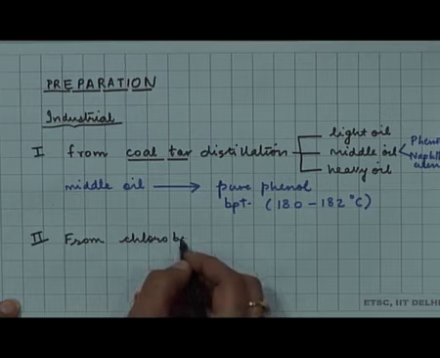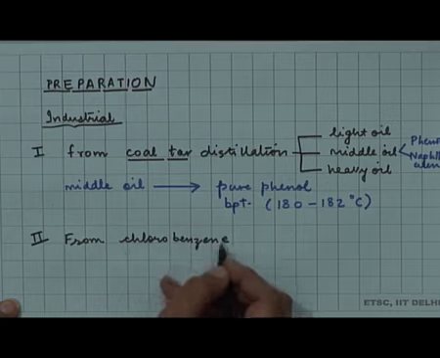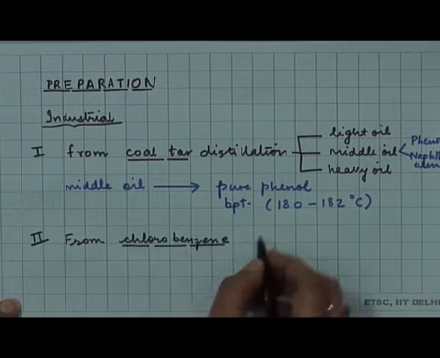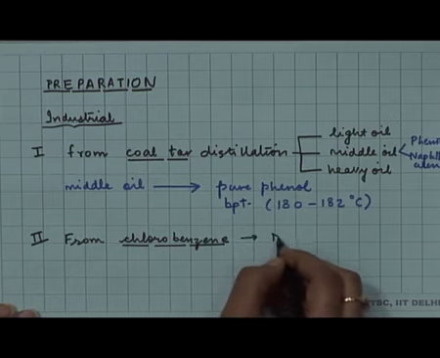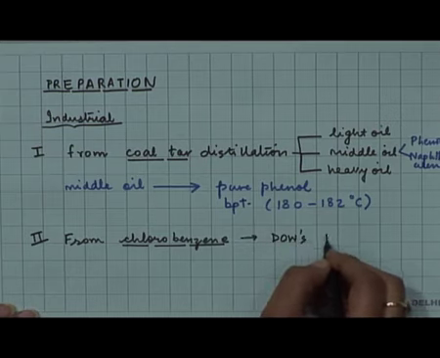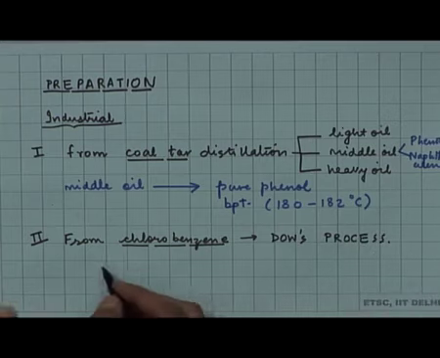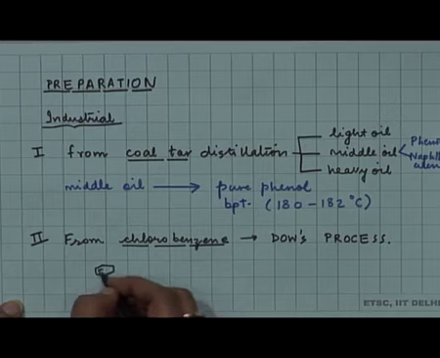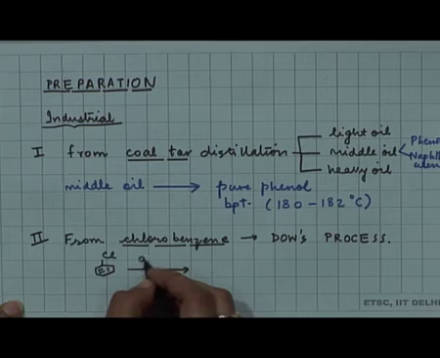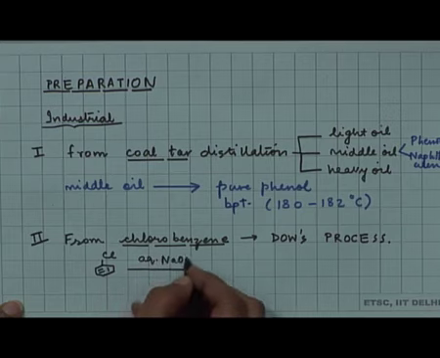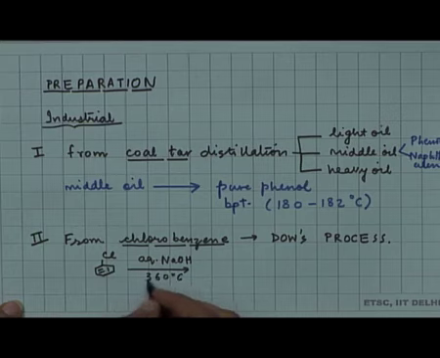Starting from chlorobenzene, phenol is prepared by a process which is known as the Dow process. It is popularly called the Dow process, and in this, chlorobenzene is treated with aqueous solution of sodium hydroxide at a high temperature and under pressure.